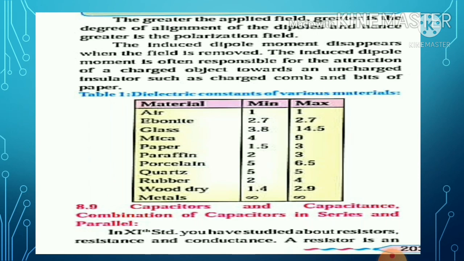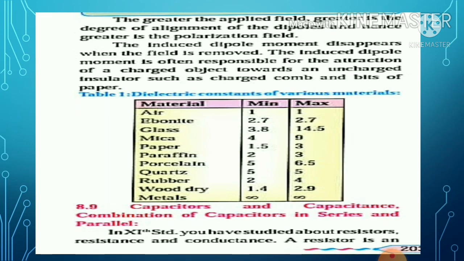Then the next material is paper. Minimum value is 1.5 and maximum value is 3. Then the next dielectric material is paraffin. Minimum value is 2 and maximum value is 3.